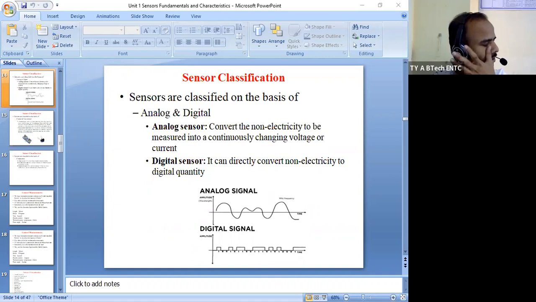If a good sensor is there, the best sensor, it will always generate output appropriately, 100%, as per the input. That is, a physical quantity is provided to the sensor, and proportional to that it will create the output, in terms of electrical quantity only.